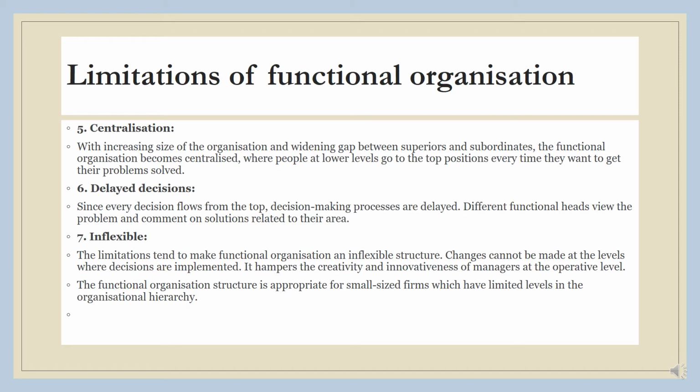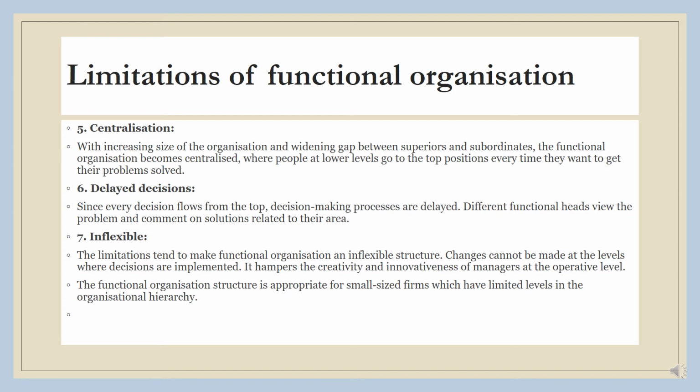This limitation tends to make functional organizations an inflexible structure. Changes cannot be made at the levels where decisions are implemented. It hampers the creativity and innovativeness of managers at the operative level. So the functional organization structure is appropriate for small sized firms which have limited levels in the organizational hierarchy. So this was about all the limitations of functional organizations.